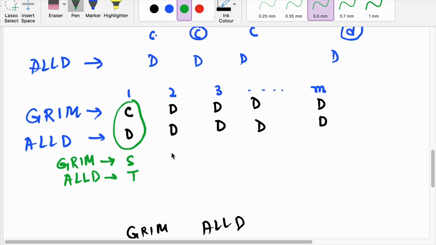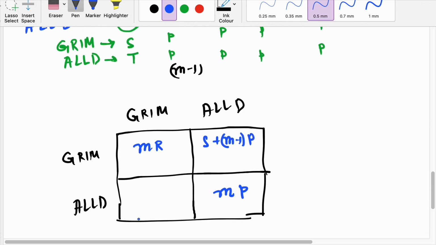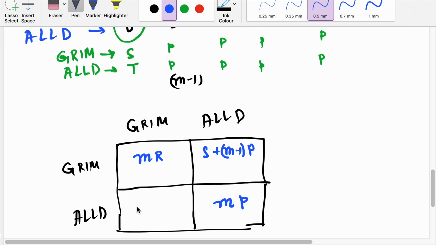In all the other rounds they will get P. So when green plays against Aldi, this means m minus 1 rounds of P and 1 round of S. So green will get S plus (m minus 1) times P, and Aldi will get 1 T and m minus 1 rounds of T. Is it clear? Yes, it is clear.